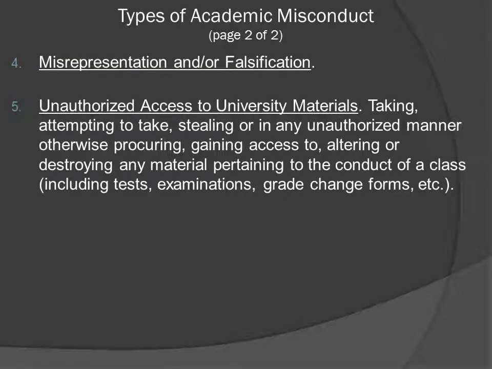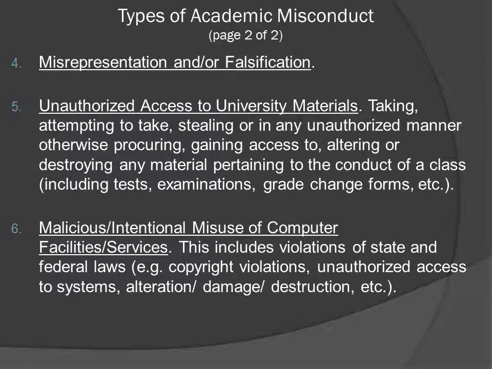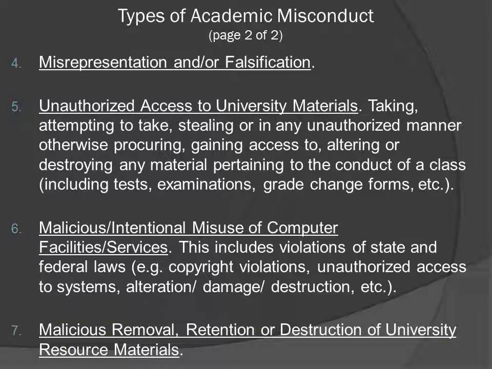Accessing university materials that you should not have access to. Intentionally misusing computers, for instance, to download material that violates intellectual property or to try to download software that you don't have a license for. And destroying any university material, including equipment, books, anything like that.